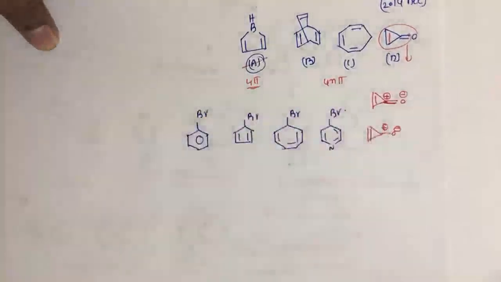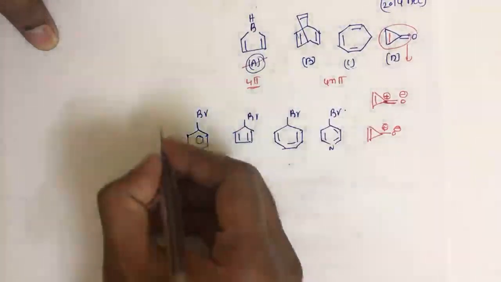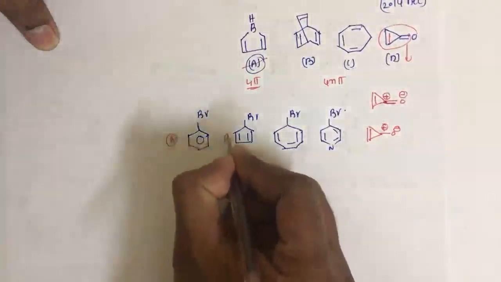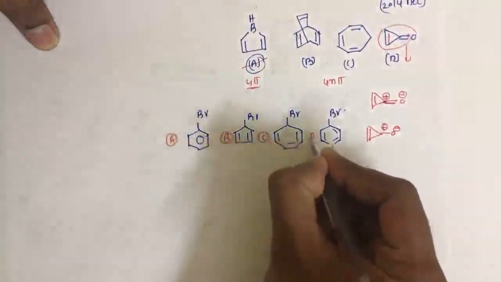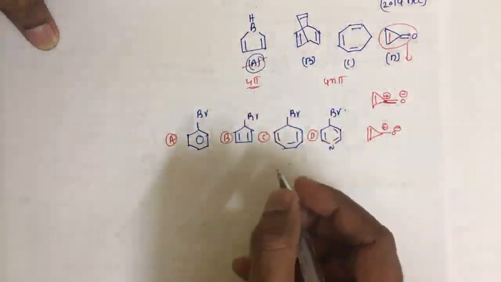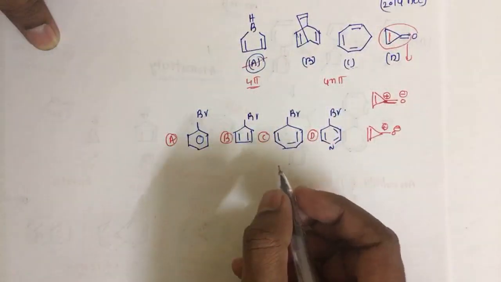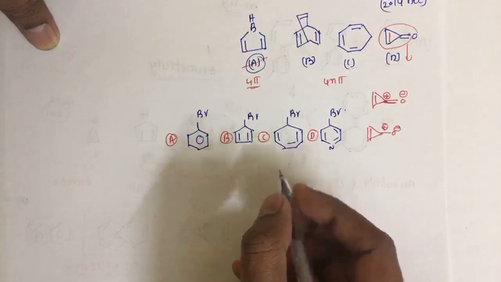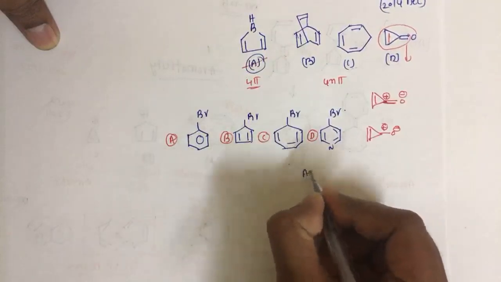So the question here is, among the following A, B, C, D, which gives a precipitate on warming with aqueous AgNO3.